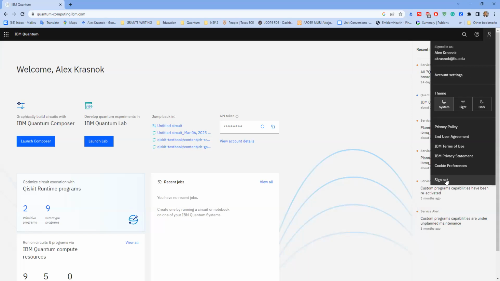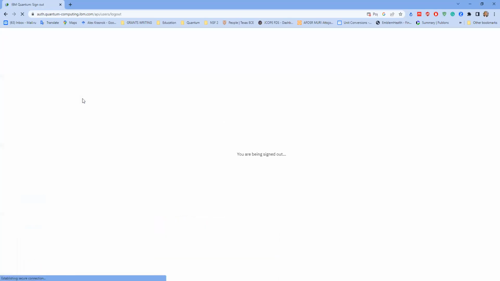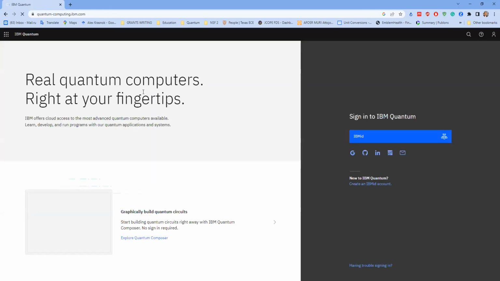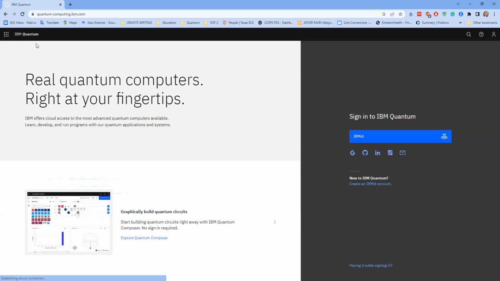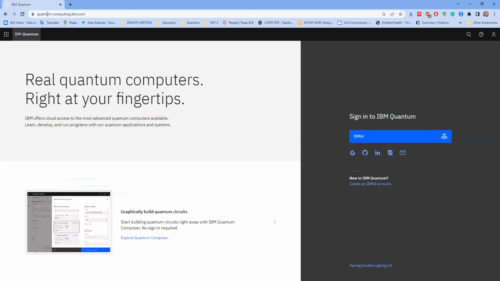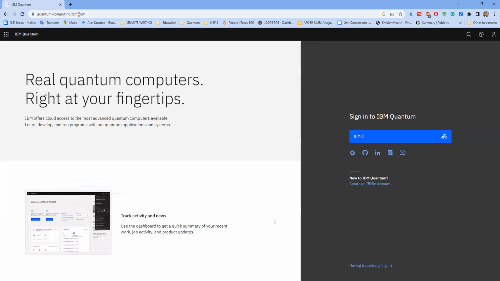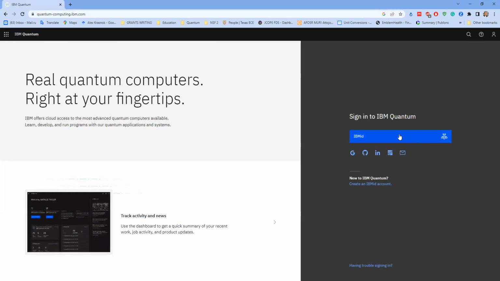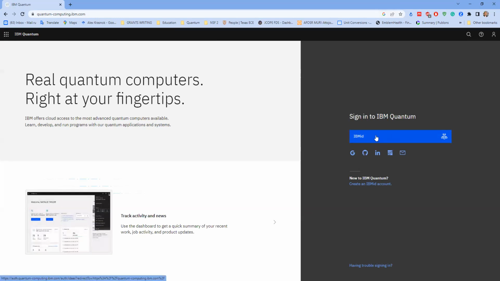Let me show you again. Right, so this is the IBM Quantum Experience. You just Google IBM Quantum Experience or quantum-computing.ibm.com. Then you have to register in their system.